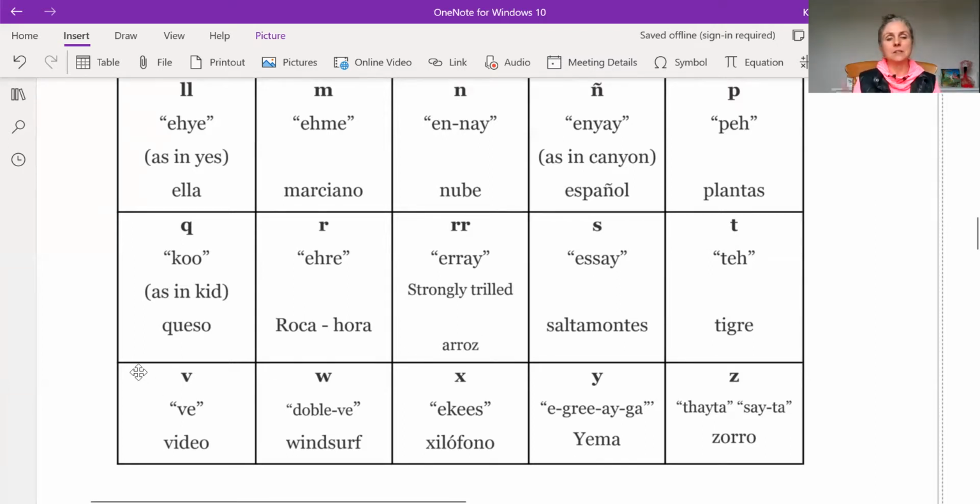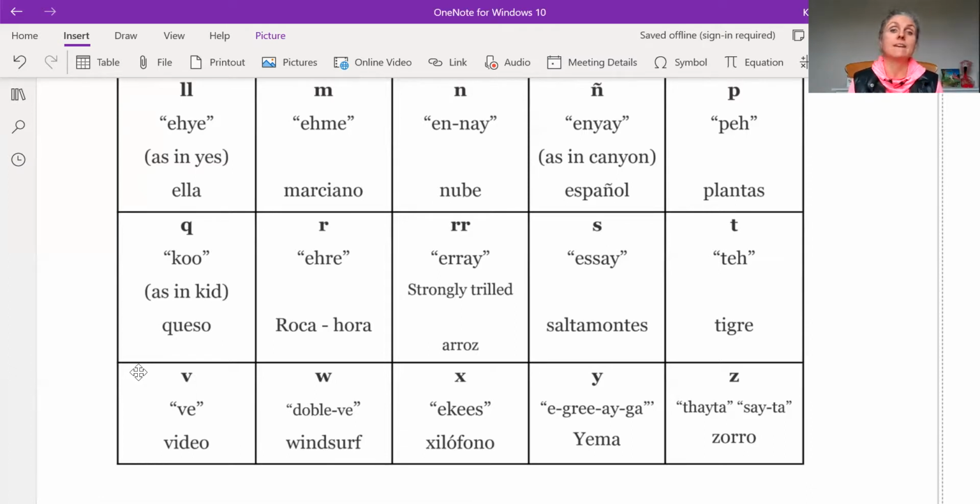So this is the V. This is the one that sounds very similar to the B in Spanish. So the B is a B alta, a tall B. The V is a V corta, okay? A V corta. So we've got the B alta and the V corta, all right? Tall B, short V. They might not sound too similar when we have them in a word.